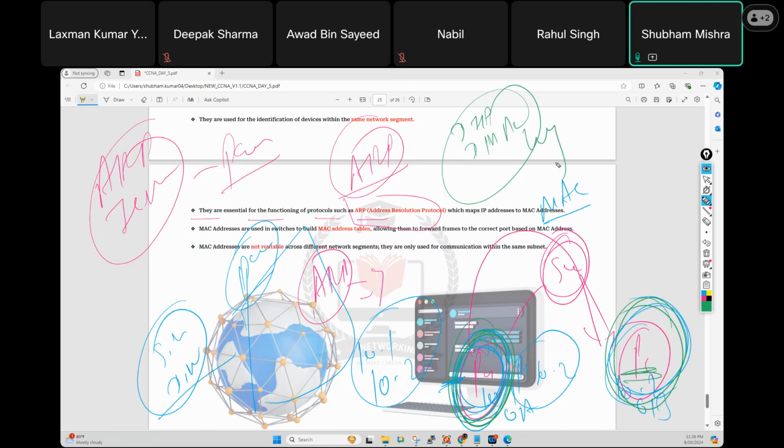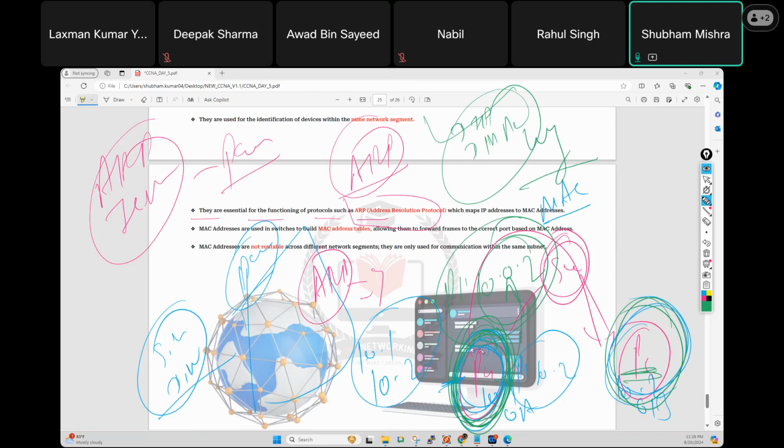Why? The reason is, guys, the destination IP address. This device knows the destination IP address because you write the command ping 10.0.0.2. It means you are telling it this is the destination. Getting my point, everyone? So that's the reason this device knows the destination IP address. And the MAC address, you are not telling this device any MAC address.